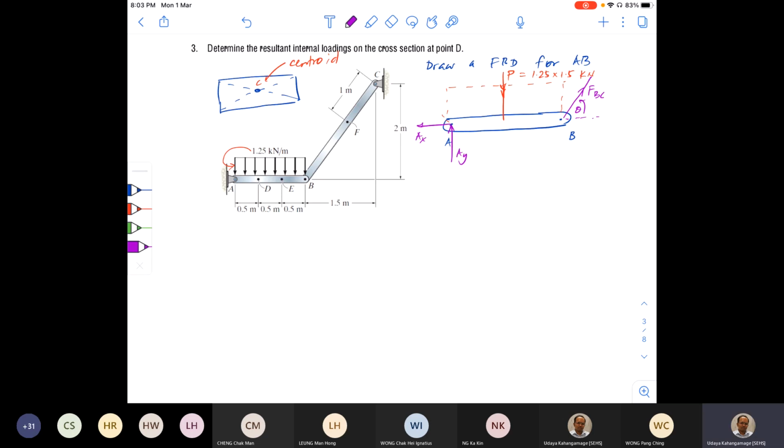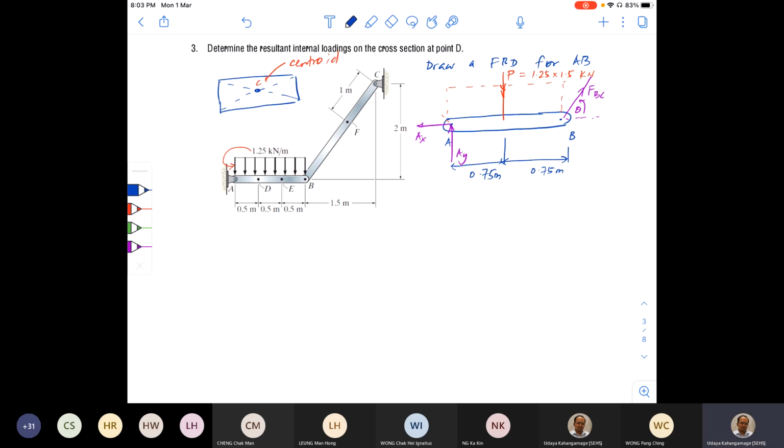Anything else? That's it, right? Let's mark the distances as well, because later we need these distances. This is 0.75 meters. This is also 0.75 meters because the centroid is at the center.